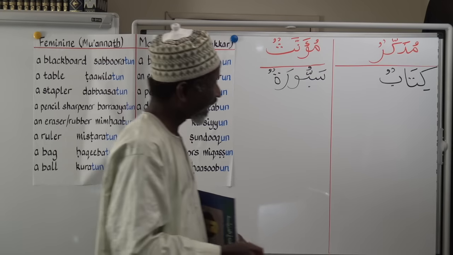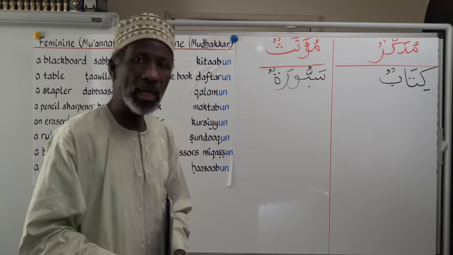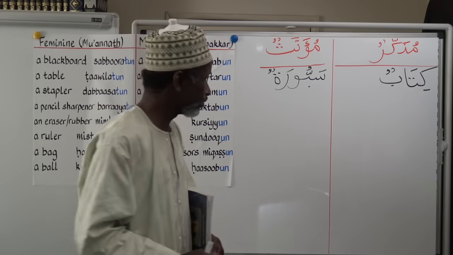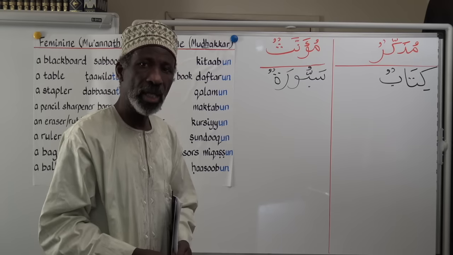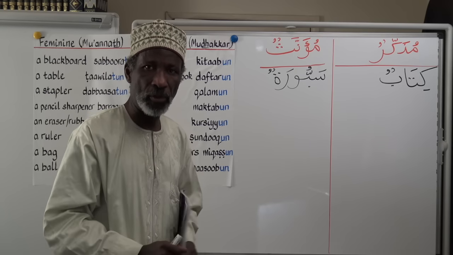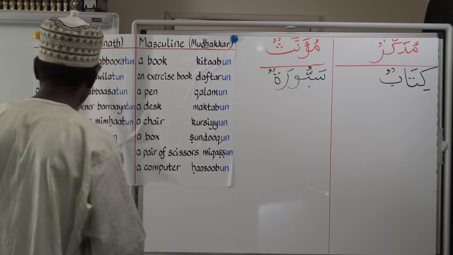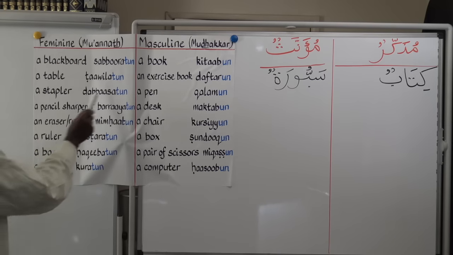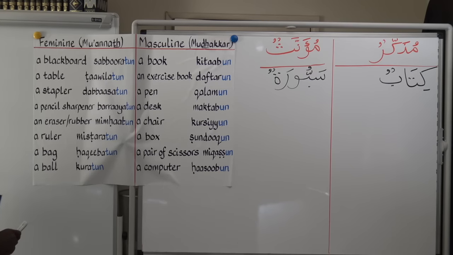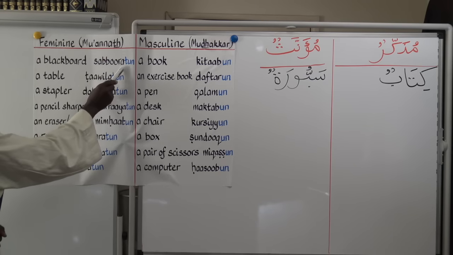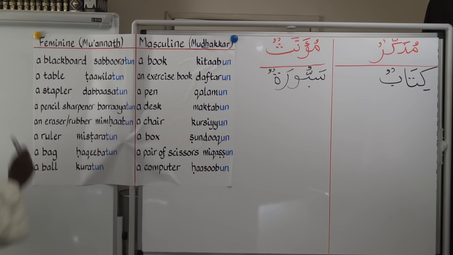Kitabun means a book. Saburatun means a board or blackboard, if you like. Here we have kitabun, a book, and saburatun, a blackboard.